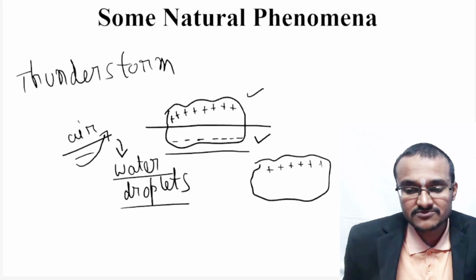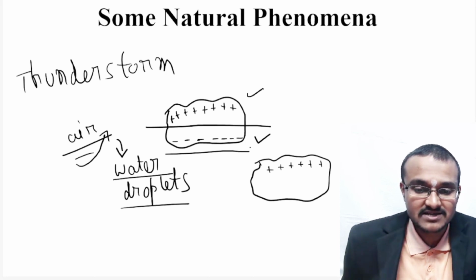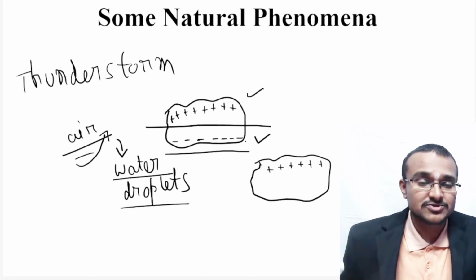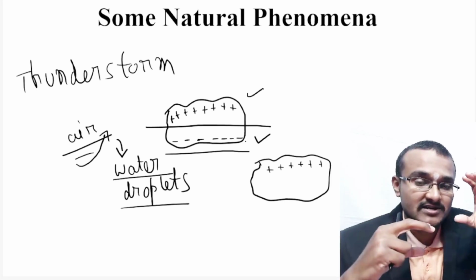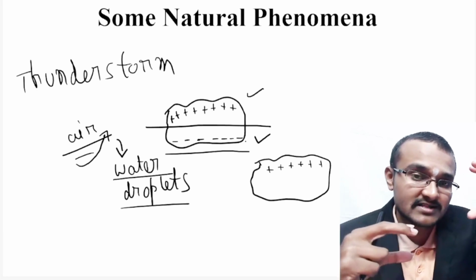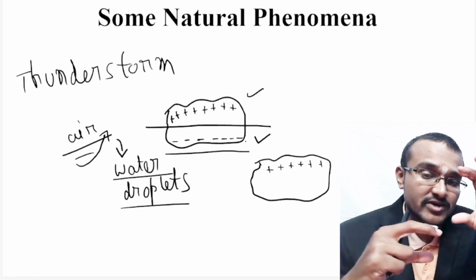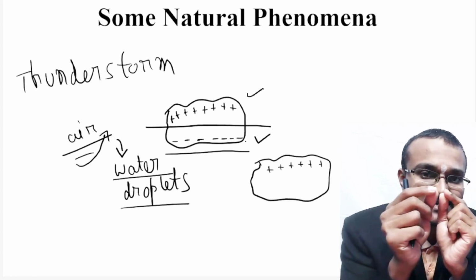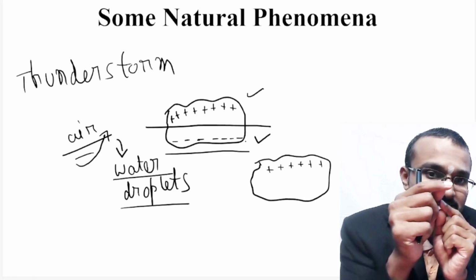So when this positive charge and negative charge come closer, the upper part of one particular cloud and the lower part of another particular cloud, there is a strong interaction between these positive and negative charges.